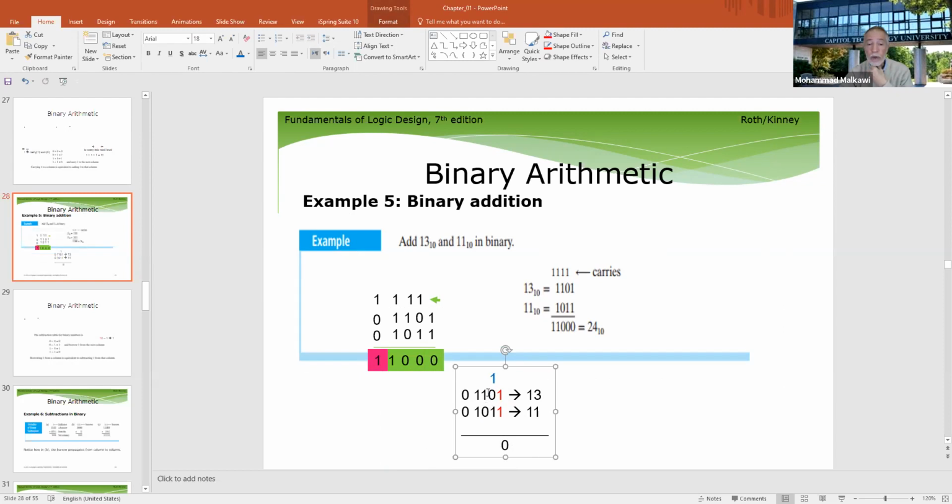Again, this is 1 plus 1, which is a 0 with a carry.